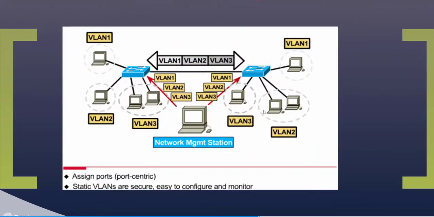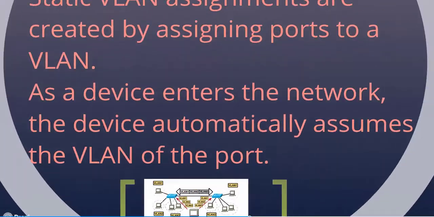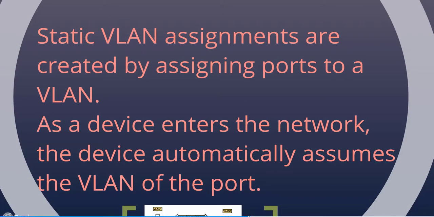This is how it would look. So physically assign ports, and they will be assigned to these switches. This computer will be assigned to this port, and this PC is assigned to this port, and so on and so forth. That is using the static VLAN.